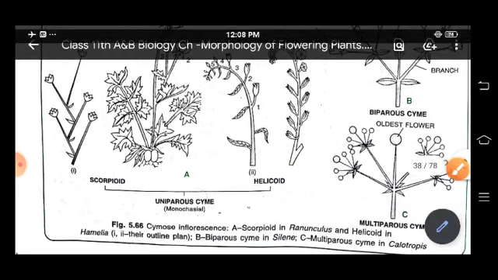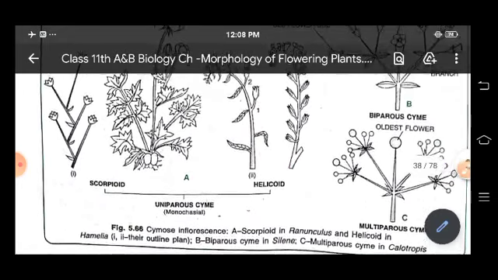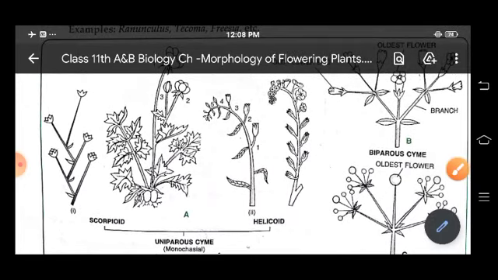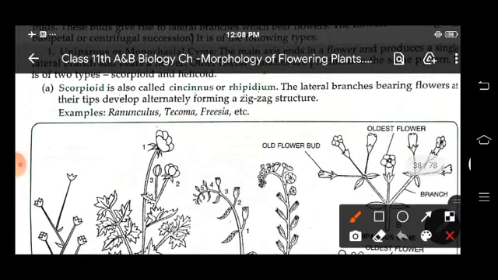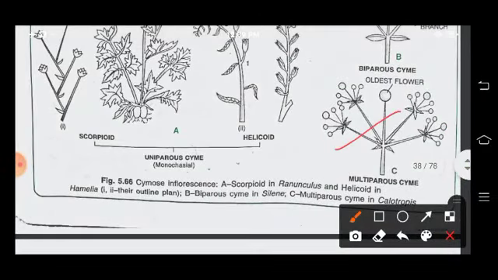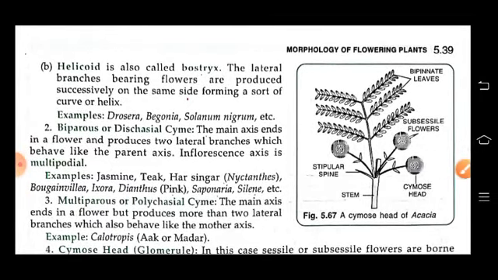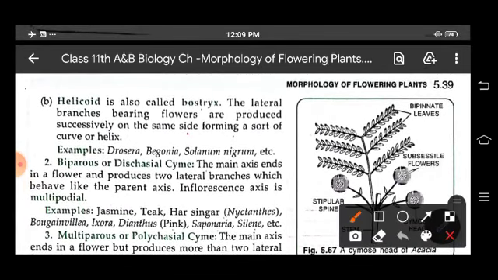Then the biparous cyme and multiparous cyme. See here, this is the biparous, and next is multiparous. So in helicoid, which is also known as bostryx, the lateral branches bear flowers produced on the same side, forming a sort of curve or helix, like in Drosera, begonia.